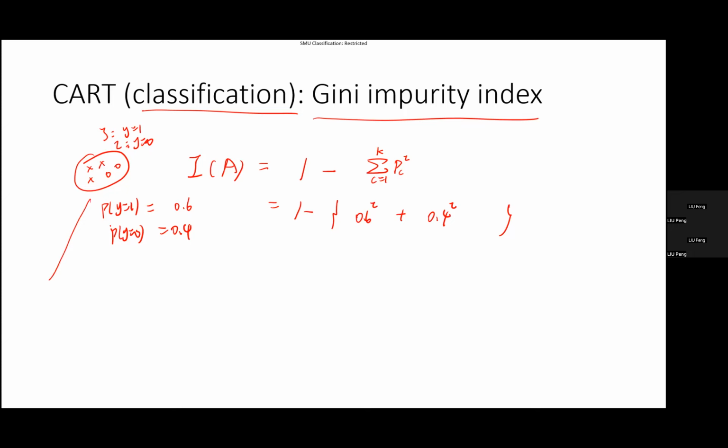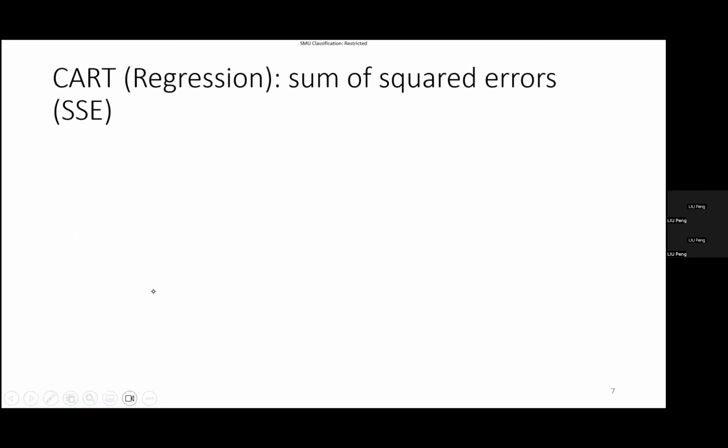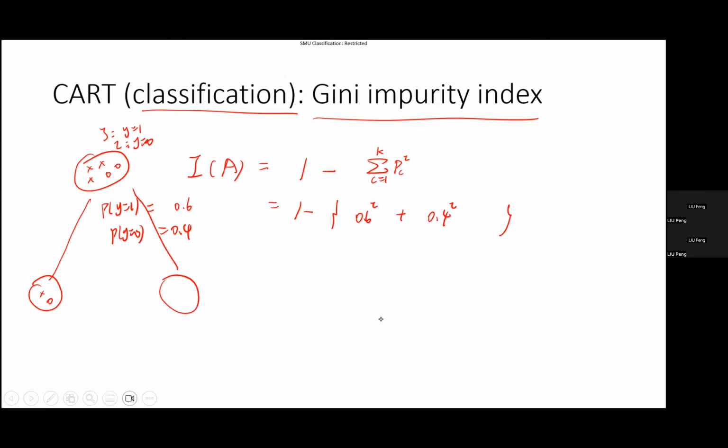Now we're going to split this node into different sub-nodes or child nodes. So we have maybe 1, 2, and then we have 2 remaining here and 1 remaining here. The reason we have this splitting result is because we used some decision here, the decision on which splitting point we use.